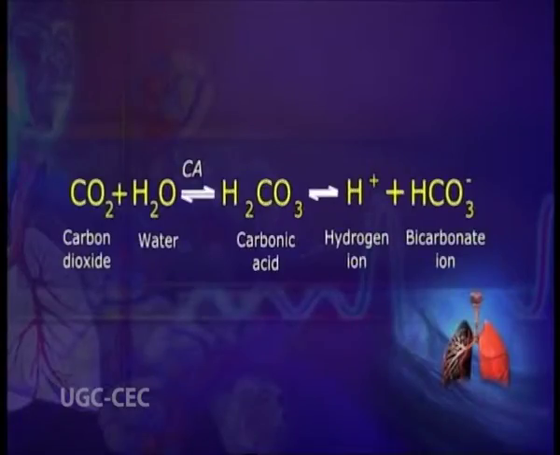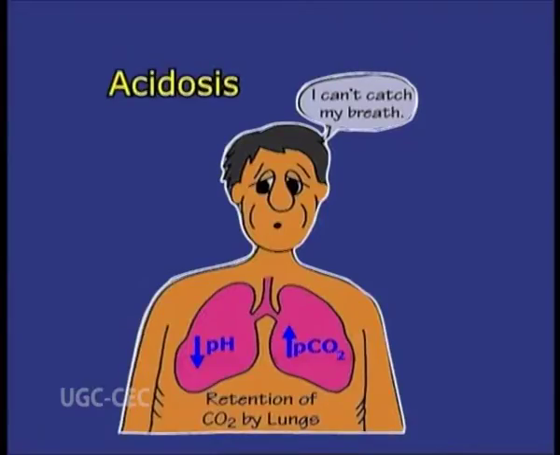As seen in the equation, carbon dioxide, that is CO2, reacts with water, that is H2O, to produce H+ ions. This in turn results in a drop in pH that directly stimulates the central chemoreceptors. An acidosis of the arterial blood has little effect on central chemoreceptors.